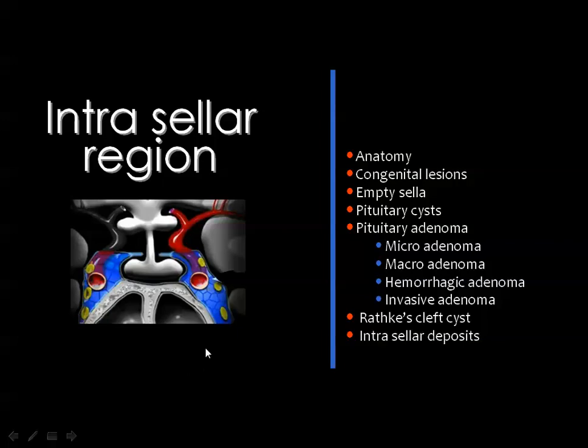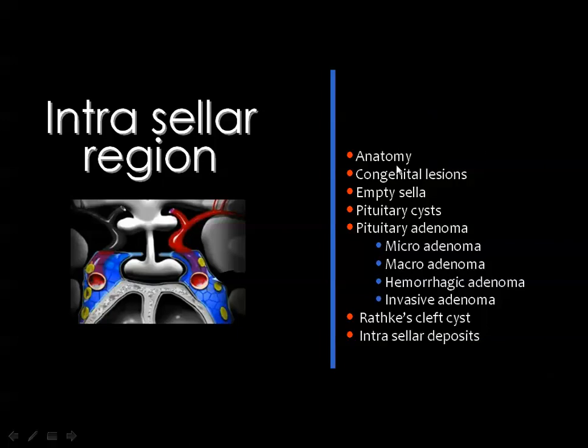And we have discussed the infrasellar pathology whenever we discussed the imaging of the paranasal sinuses. And you know, the sellar floor is intimately related to the roof of the sphenoid sinus. Then here are the lesions which we are going to discuss.